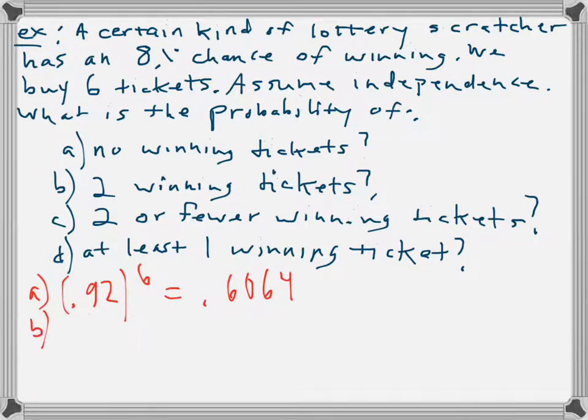All right, part B, what's the probability of getting 2 winning tickets? So this is exactly 2. This is going to be a binomial PDF. If this was a free response problem on your AP test, you can't just put 6 comma 0.08 comma 2.